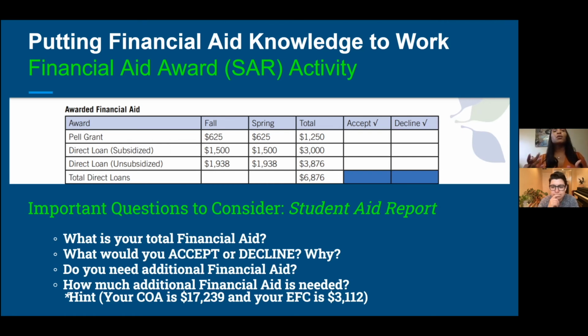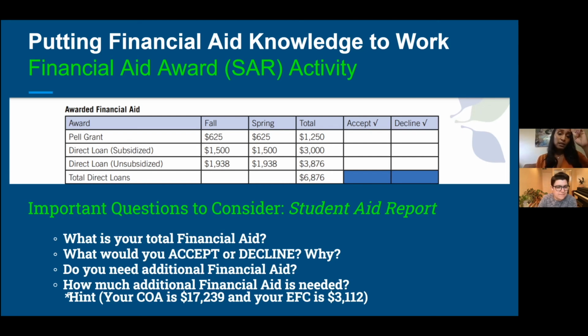This is the importance of scholarships, which we cover in a whole other workshop dedicated just to scholarships. If you had scholarship money, you would not have to take out the unsubsidized loan, and you may not have to take out the subsidized loan.